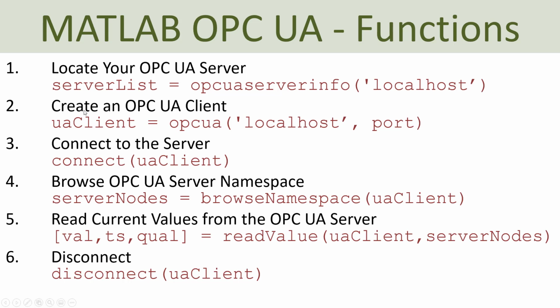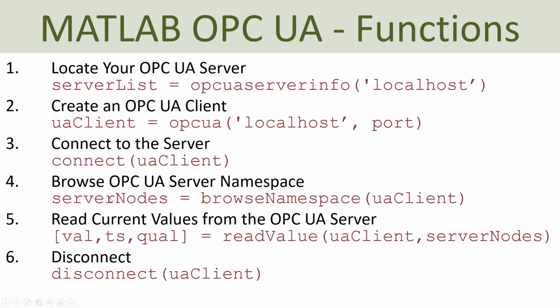Then you need to create an OPC UA client using this opcua function of this toolbox. Then you just specify the address and the port. Then you connect to the server using connect.